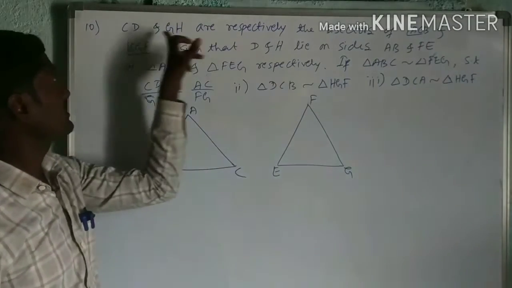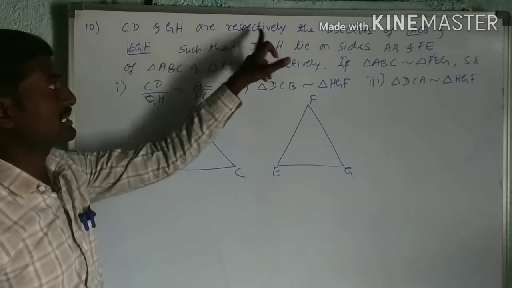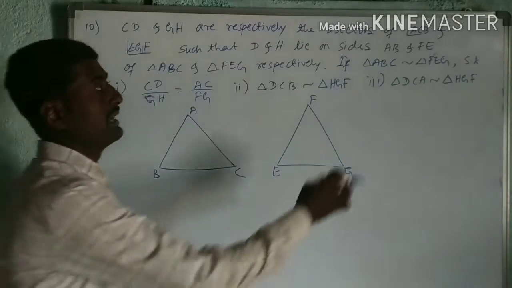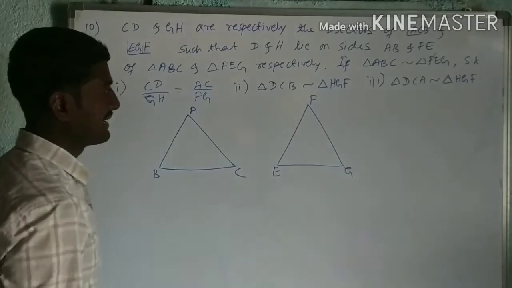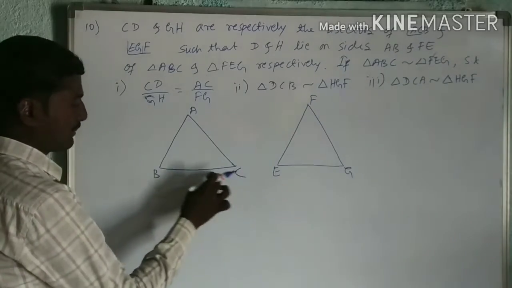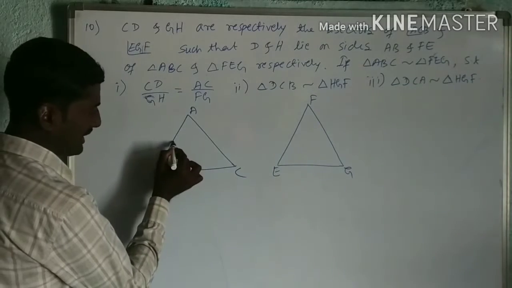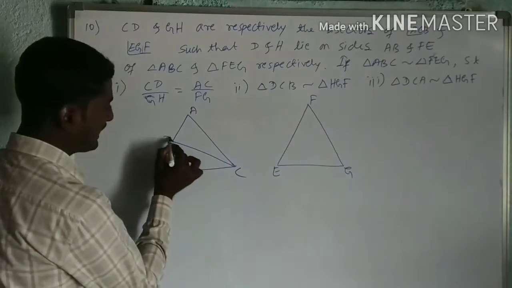First, you see CD and GH are respectively the bisectors of angle ACB and EGF. CD is the bisector of angle ACB. The bisector of this angle ACB is CD.